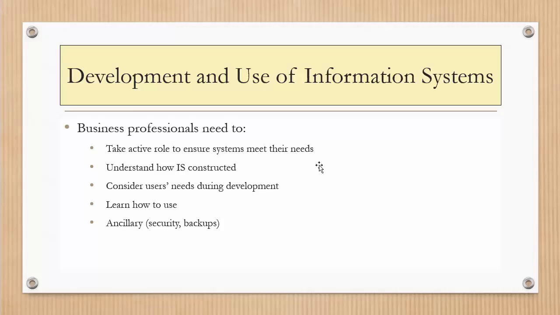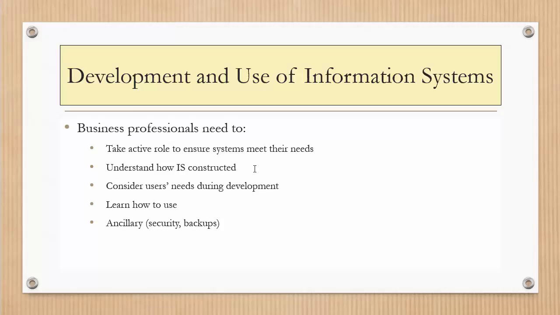You need to understand how that information system is built or constructed. And so that may mean you've got to provide certain inputs, or the inputs can be gotten from other systems. And if you're not aware of that, then somebody may build a system where you're duplicating the efforts of getting those inputs when they already exist from another system somewhere.